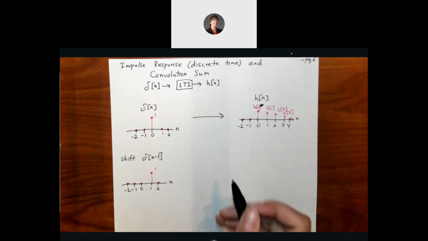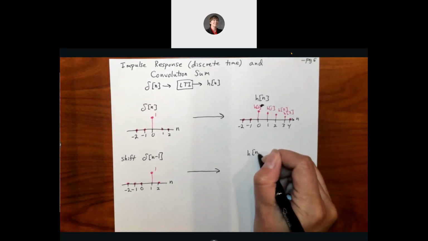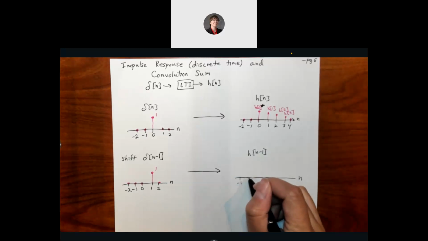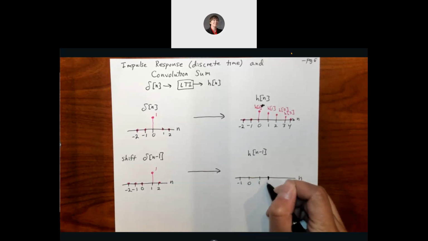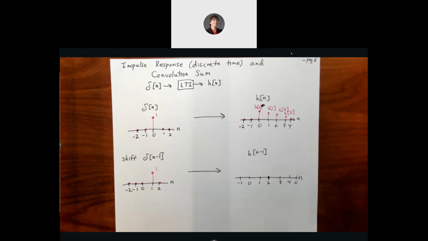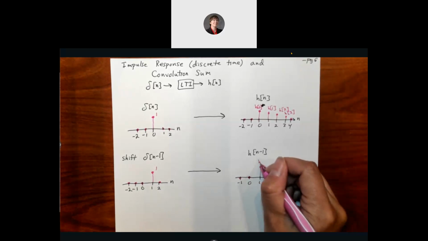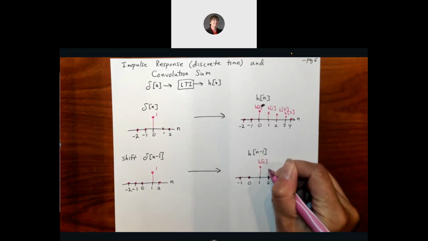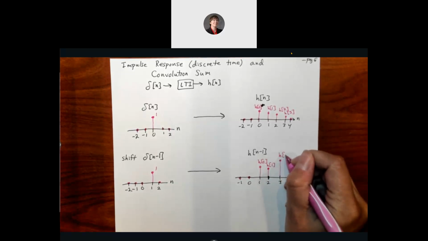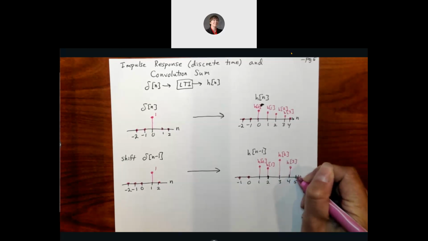Then I know through time invariance that I take my output and I shift it in the same way. Right? So what was at 0 is now going to be at 1. At 1 is now at 2, right? So on and so forth.